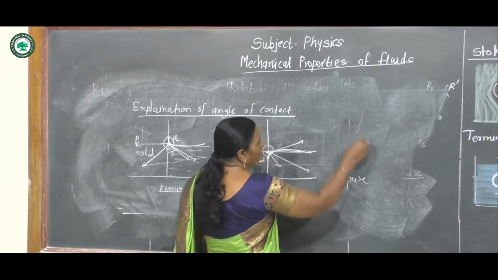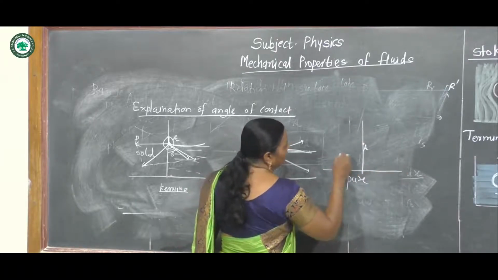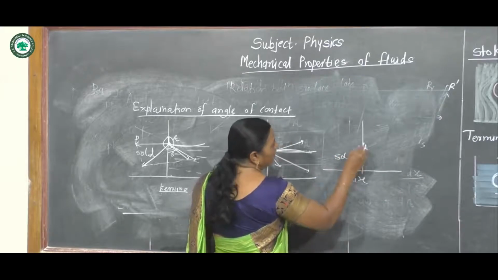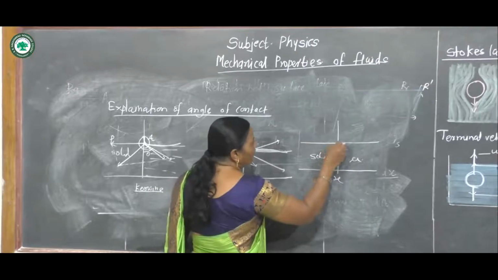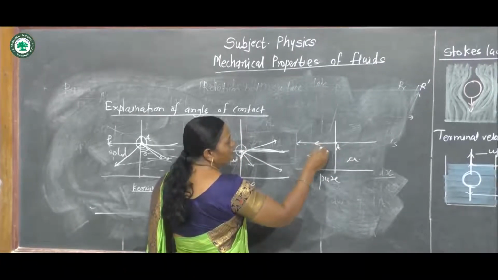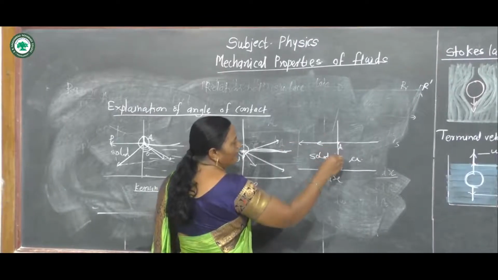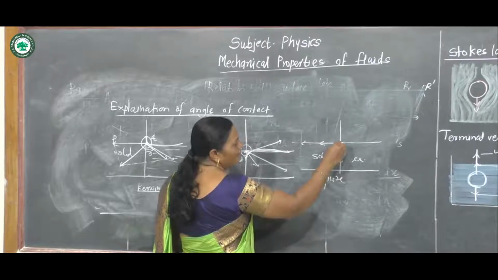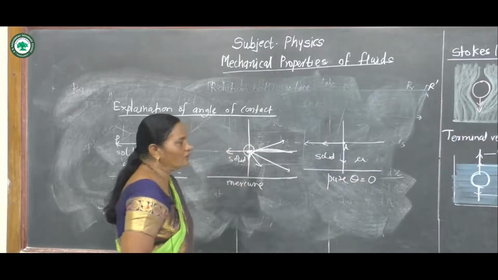suppose this is molecule A, this is solid, this is liquid. In pure water, the adhesive force is equal to the cohesive force, and the resultant lies along this line, perpendicular to the surface, and the angle of contact is 0 for pure water.